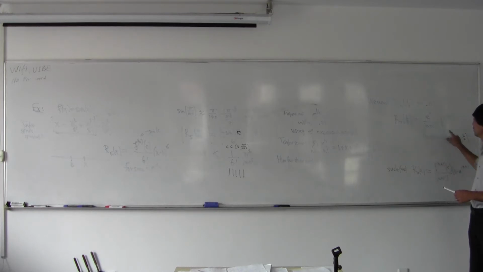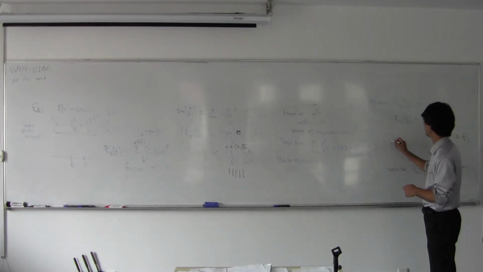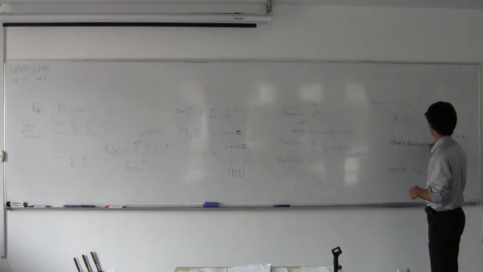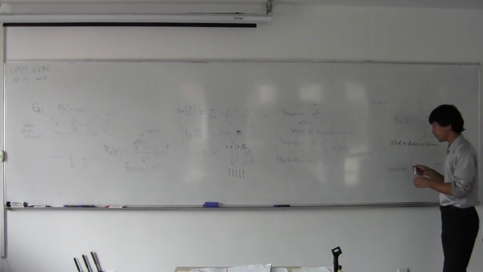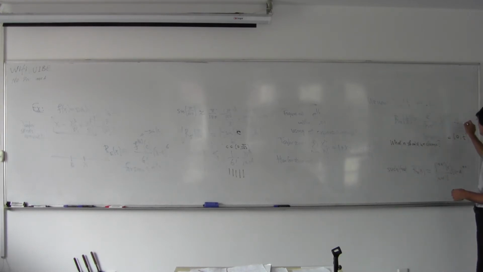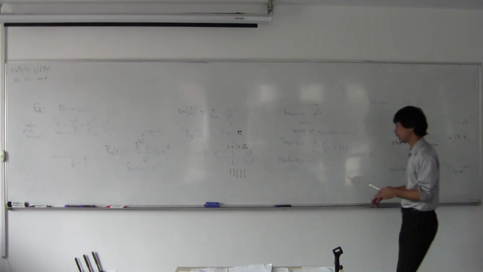Okay, so we want, what n should we choose to make this smaller than 0.01? Well, we just need to figure it out, right? Let's just make up something.